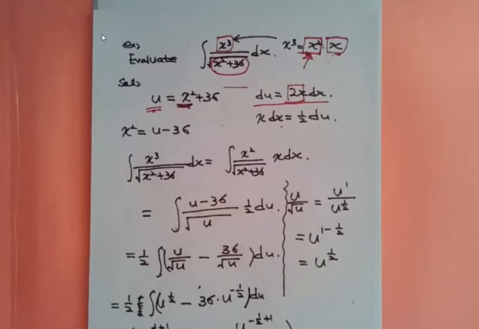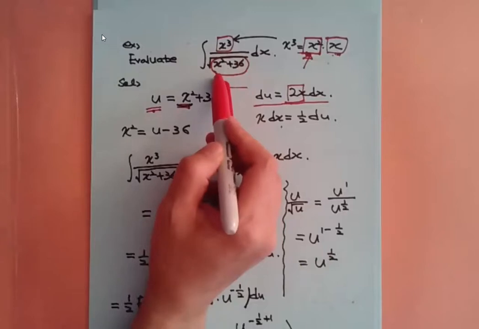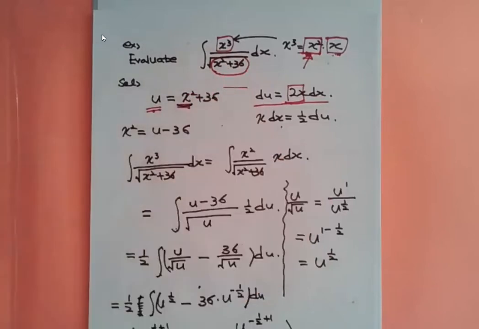So basically, if a square root of something appears in the denominator, then it's worth thinking about the regular substitution.